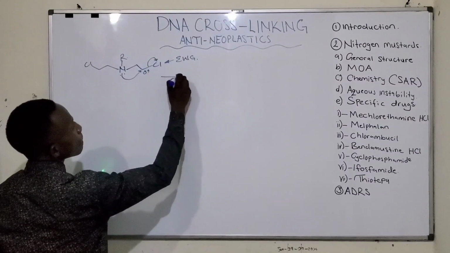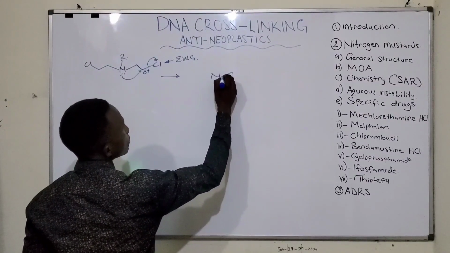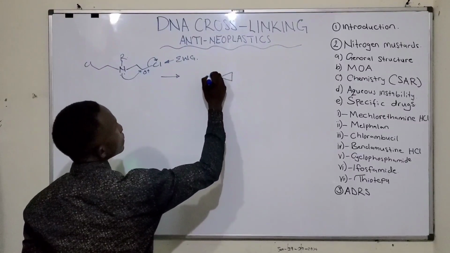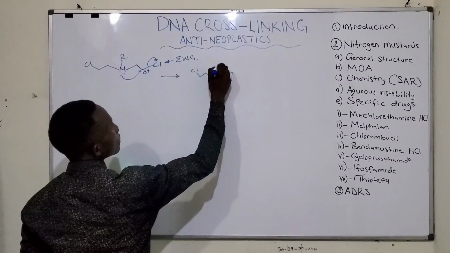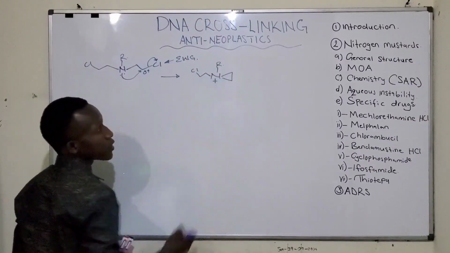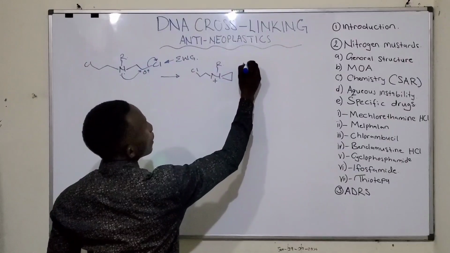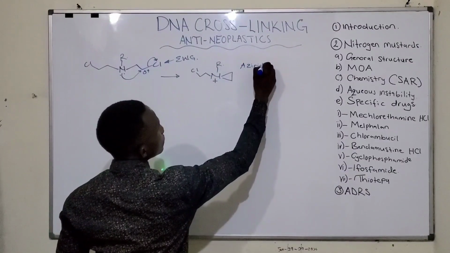So we shall have this, and the R group. But now the nitrogen is positive. So this is the aziridine cation.